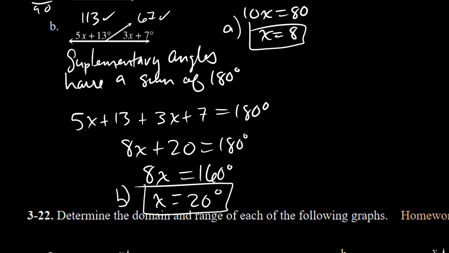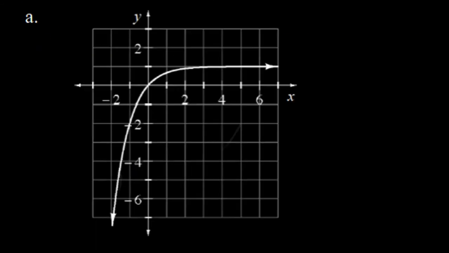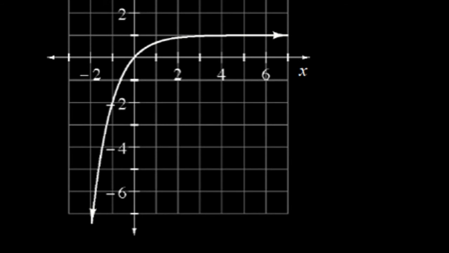All right, moving on. Determine the domain and range of each of the following graphs. Well, that's fun. It looks to me like this thing is just going to keep going this way, right?